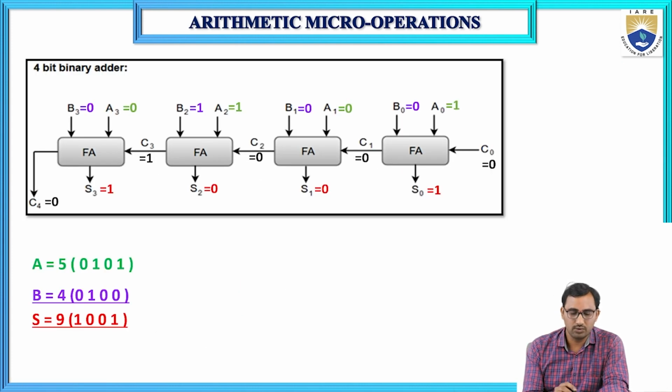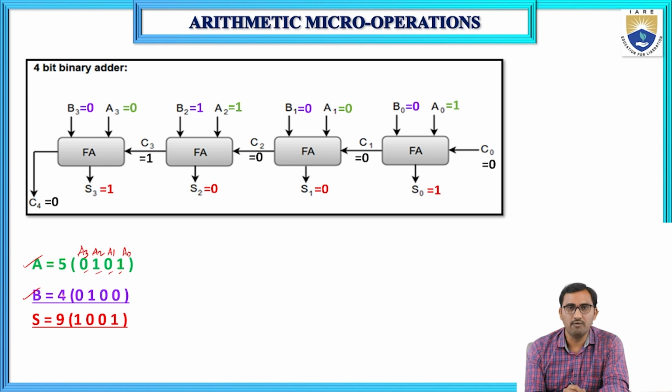Coming to here, for analysis purposes I'm taking two values. A value is 5 and B value is 4. So 5 in binary I can represent as 0 1 0 1, that means A0, A1, A2, A3.